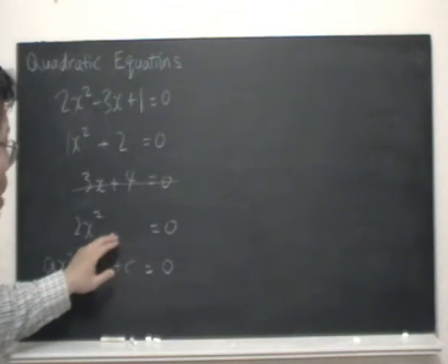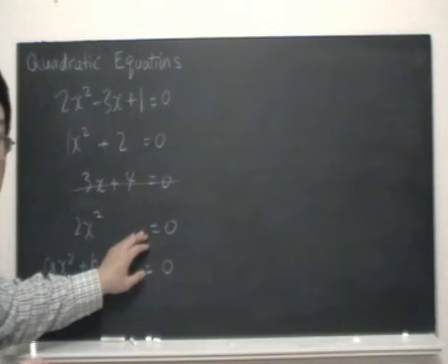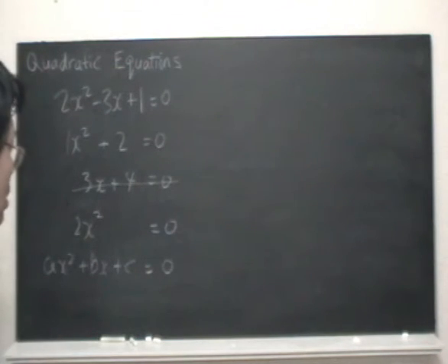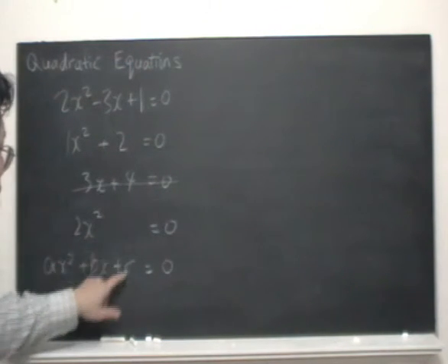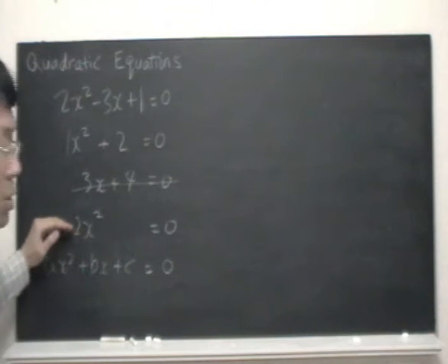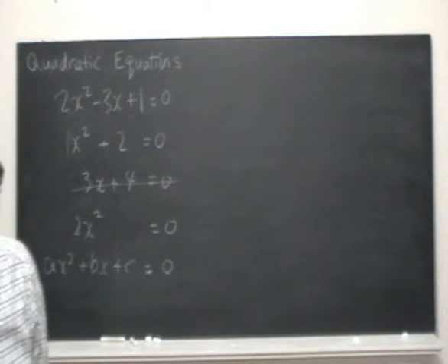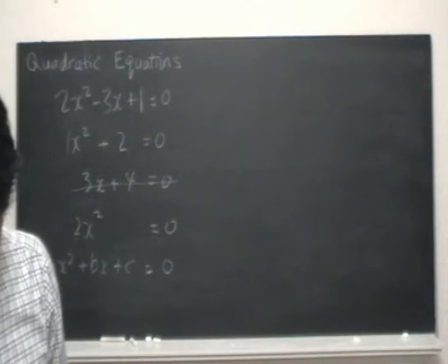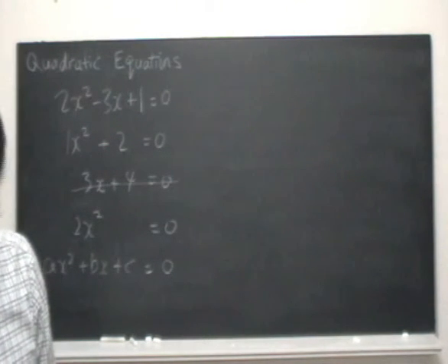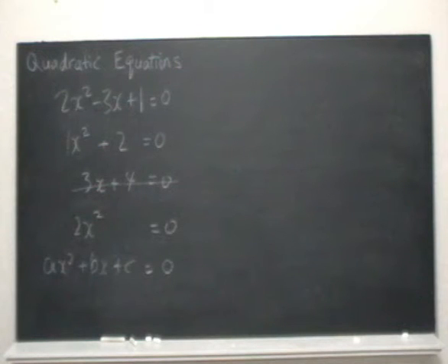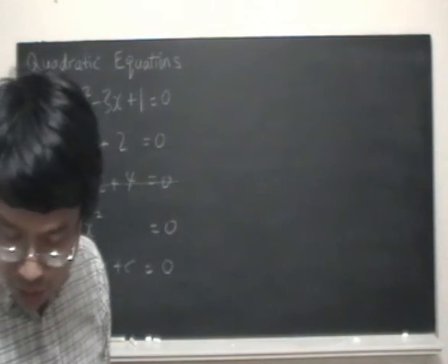There is no x, there is no number like c. So this means that the b and the c are both 0 in this equation. Alright, so let's continue.